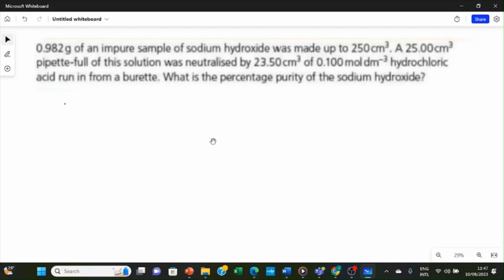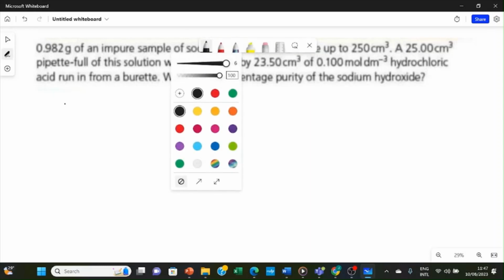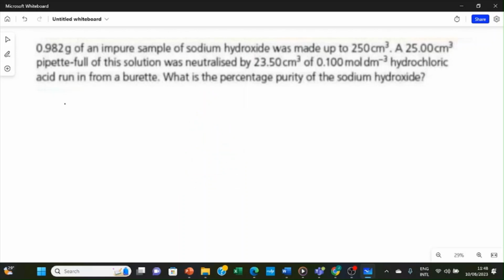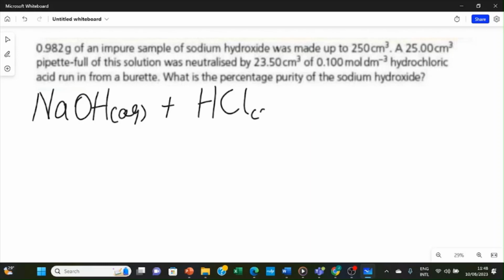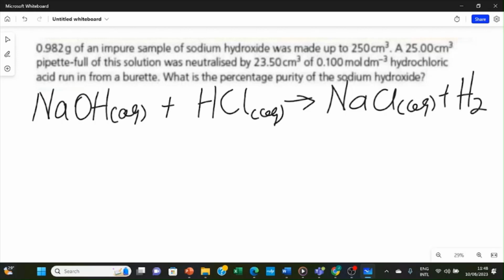So the first thing we need to do here is to write down the equation for the reaction, and balance the equation. So it's sodium hydroxide, aqueous, plus hydrochloric acid, aqueous, to give you sodium chloride, aqueous, plus water, which is liquid.